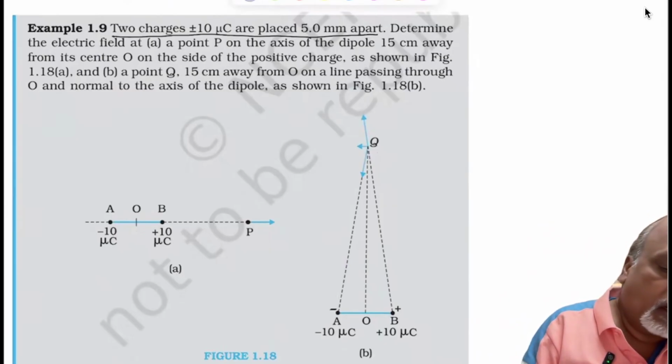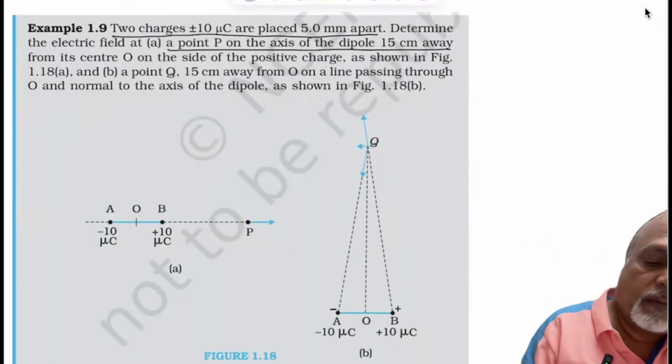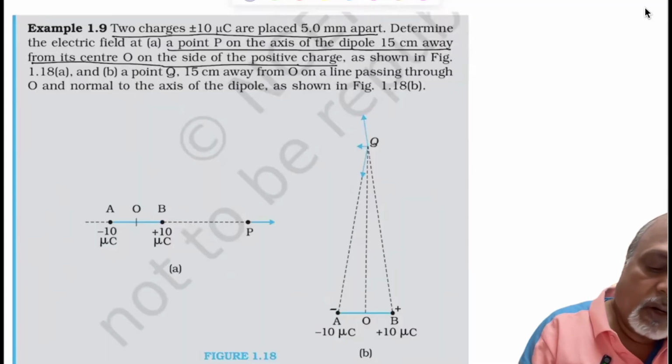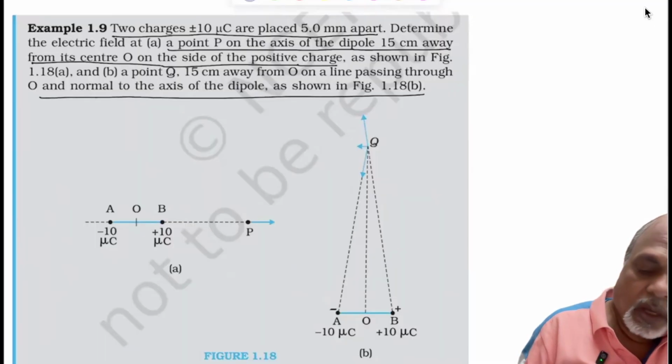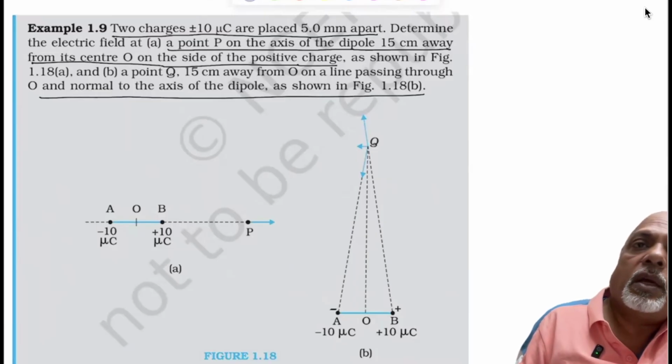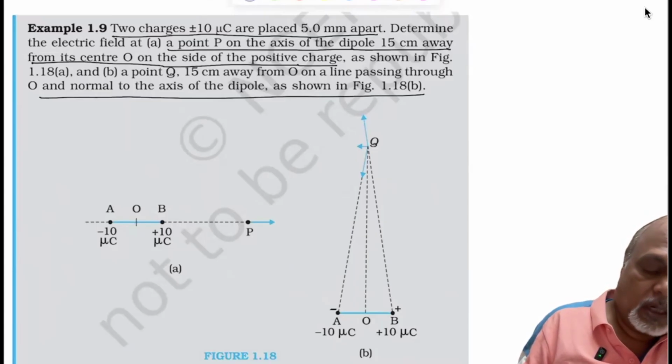Determine the electric field at a point P on the axis of the dipole 15 centimeter away from the center on the side of the positive charge as shown, and a point Q 15 centimeter away on the line passing through the normal to the axis. So it is a total formula based question.